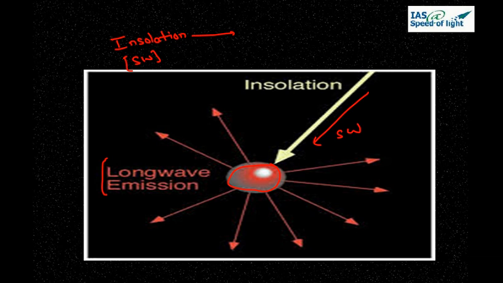Then we have absorption, then we have long wave emission, which are less powerful waves, and then finally we see dissipation. So this is a radiation cycle.